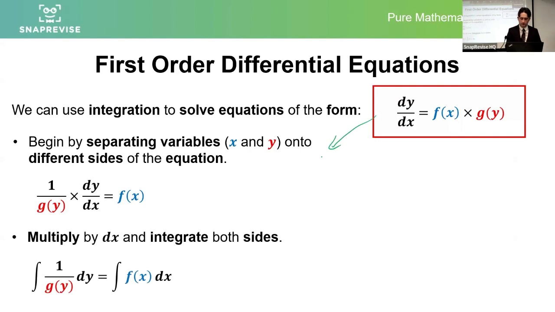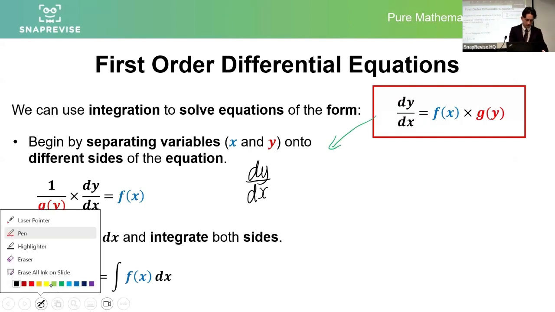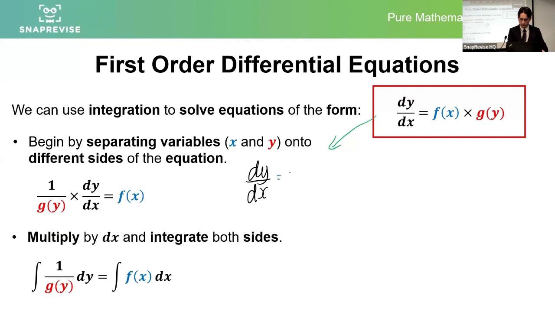So if I give you an example here, if I say, for example, dy/dx, and I'm going to try and color code it again, equals 2x squared y. We want to get the y's and dy's on one side and the x's and dx's up. And none of this is by plussing or minusing. It's all by timesing and dividing.